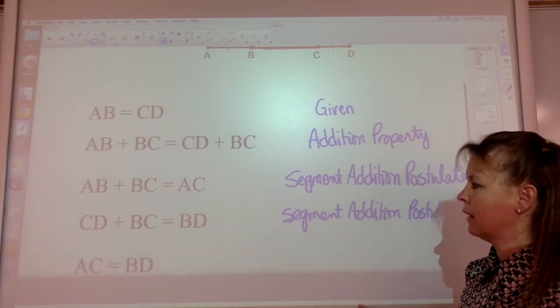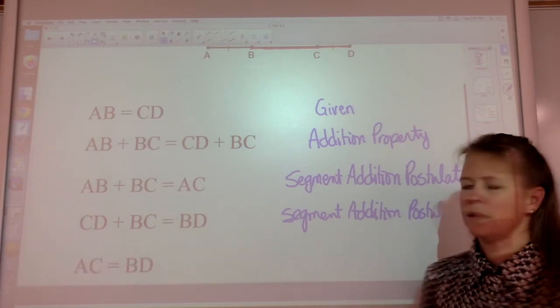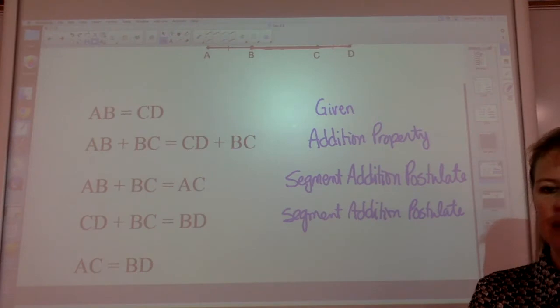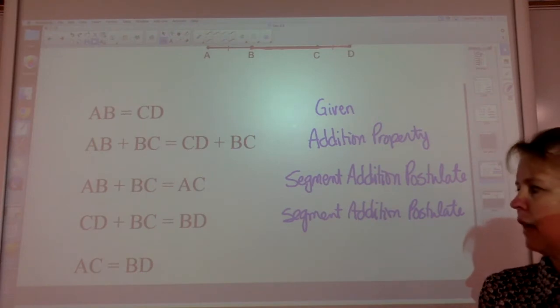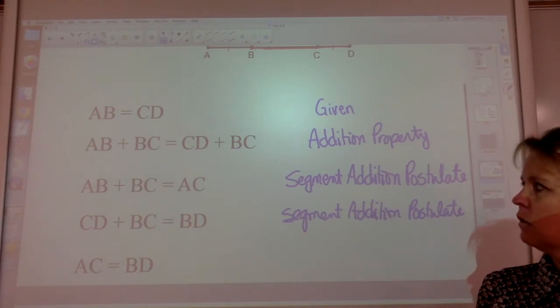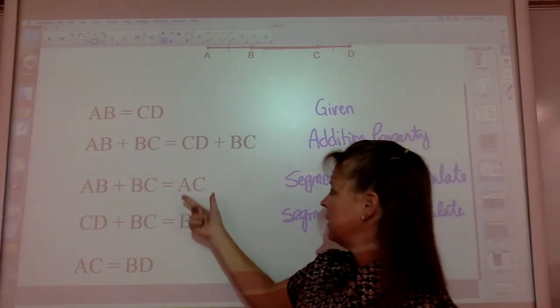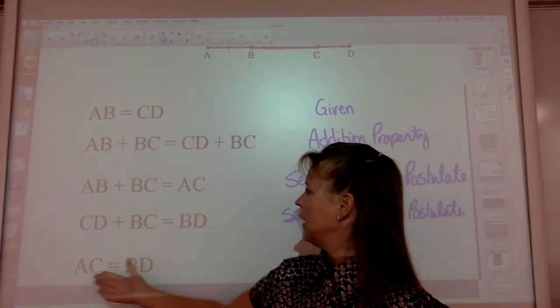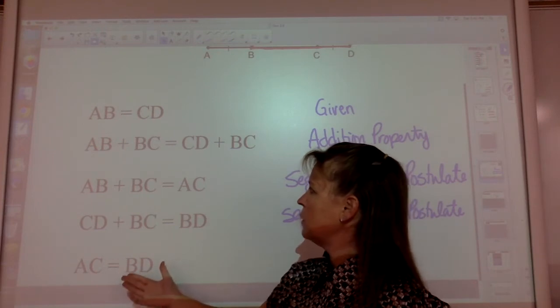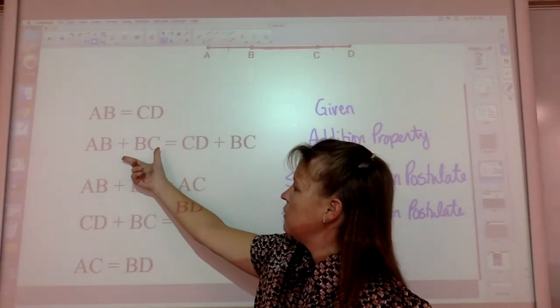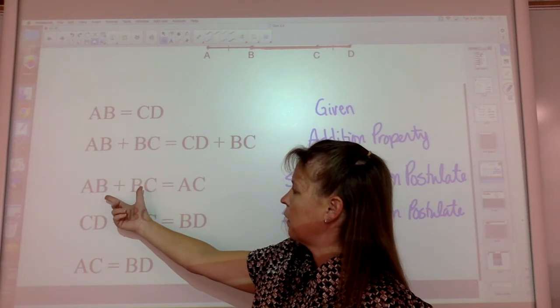Okay, but then from there it gets a little tricky. When we're done, we say AC equals BD. The measure of segment AC equals the measure of segment BD. Here's AC, here's BD. Why are they equal to each other? Well, it's because each side of the equation was equal to the other.